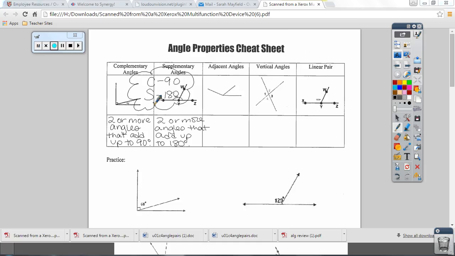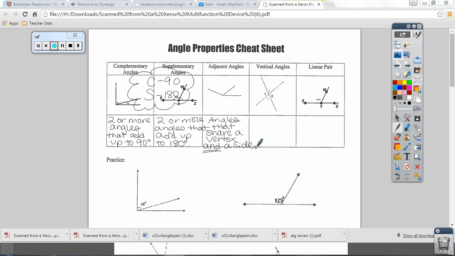Okay? So let's now go over to adjacent angles. What does adjacent mean? It means next to. If you look at the person who's adjacent to you in your desks right now, those people are next to you. So adjacent angles are angles that are next to each other. To help us remember, they are angles that share a vertex and a side.